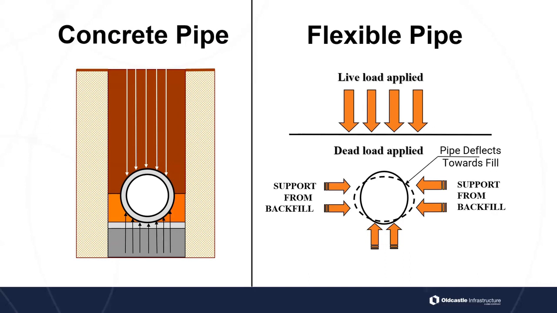So we have almost support columns on the side of that pipe, so it doesn't allow it to deflect when we load it from the top, or we have a surcharge load from the bottom. So if we're installing that trench and backfilling it correctly and compacting it enough, we should have enough support to keep that pipe from deflecting. That's the idea, and that's the concept here.